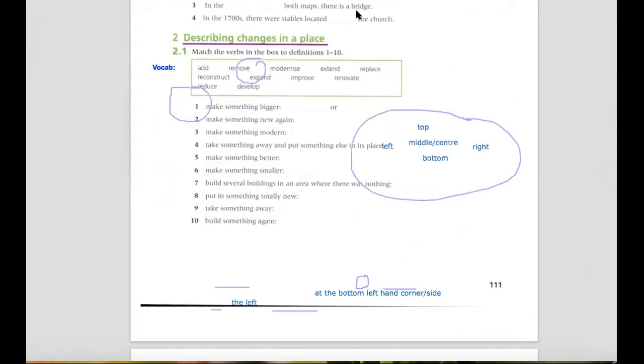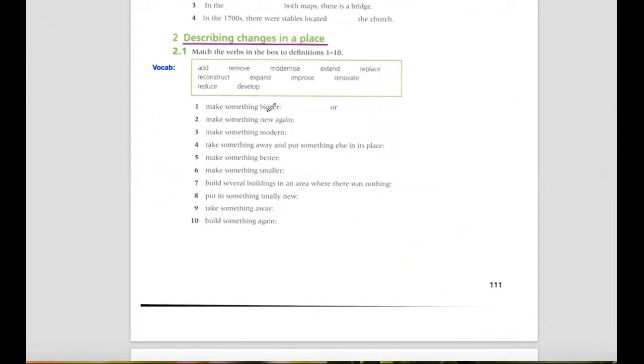So these are all useful when talking about maps. So if you don't know some of these words, please write them down. Have a notebook, write down a description or take a screenshot when we're finished and try and remember and use these words as well. So what we need to do is match the words in the box to the correct meaning. Let's do the first one together.